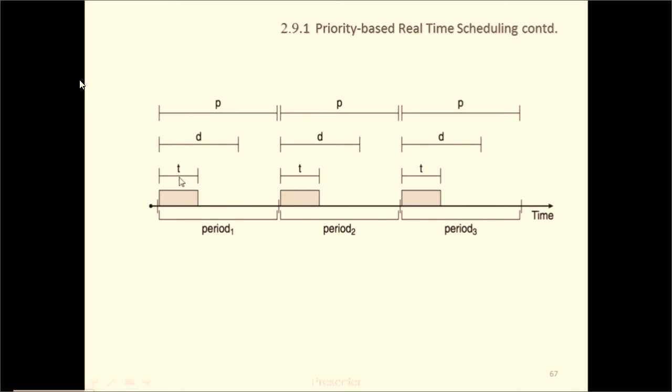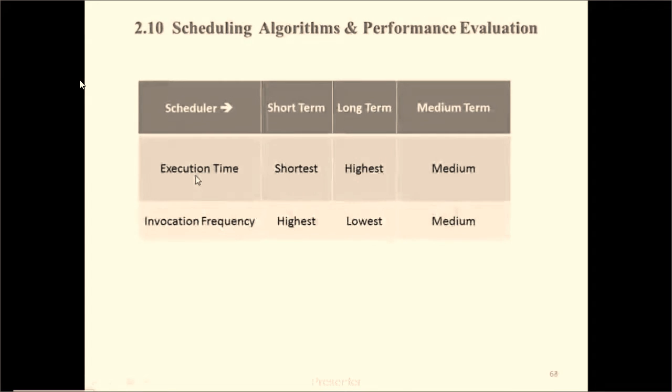And it says I need the CPU time for 2 milliseconds. Every 100 milliseconds, 2 milliseconds I need it. And within that window, from 0 to 30 or 0 to 10, whatever it is, the system must give me 2 milliseconds. So P is 100, D is let's say 30, and T is 2. Are you getting it? And that is what is meant here.